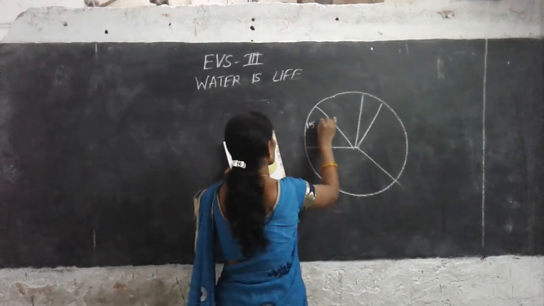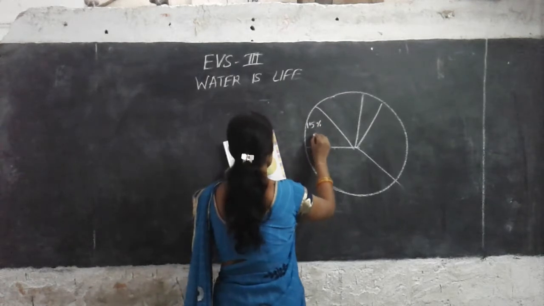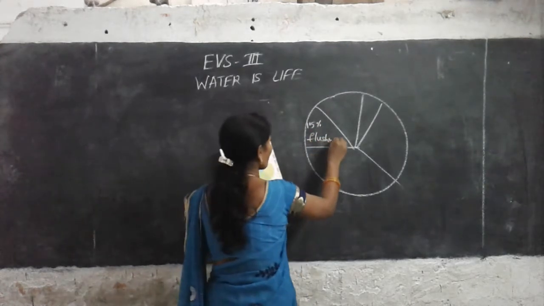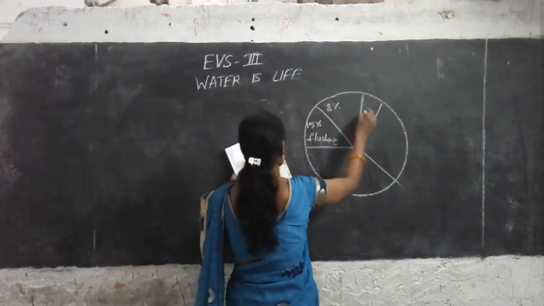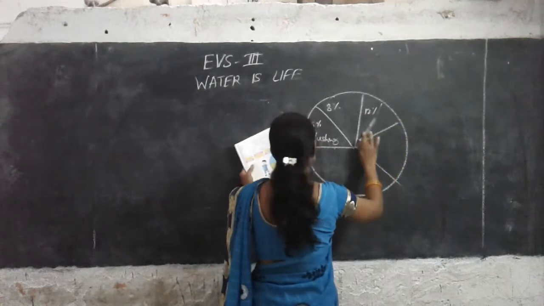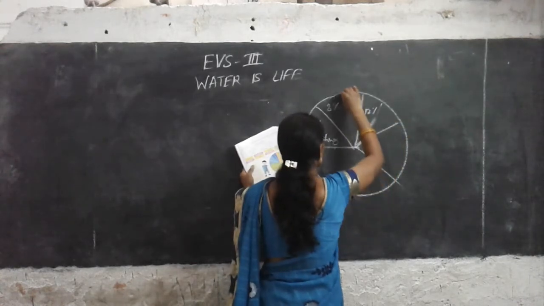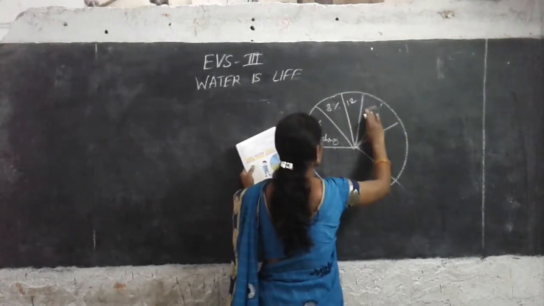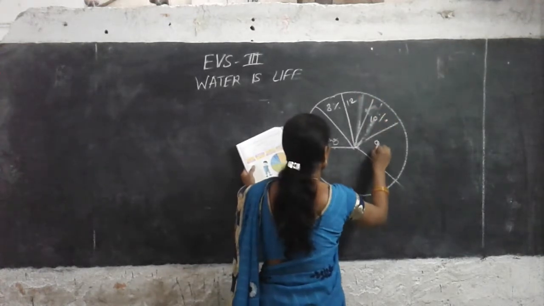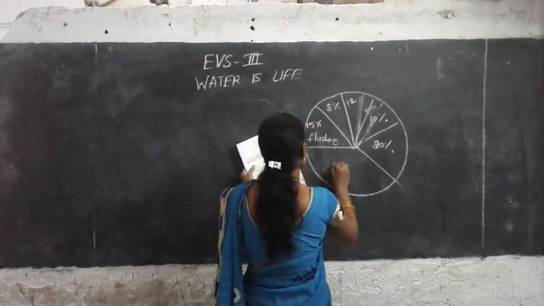15% is for flushing toilets. Here it is 15%, 8%, 12%, 12% and 10%, 20% and 35%.